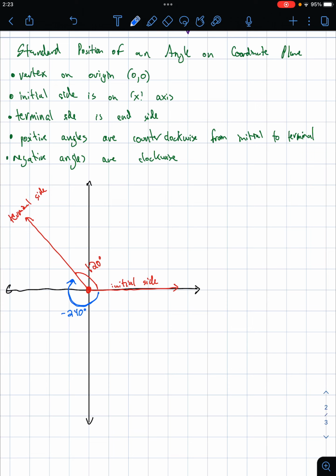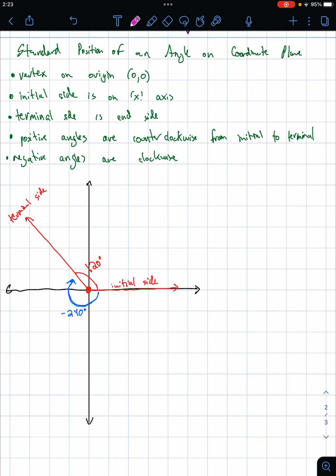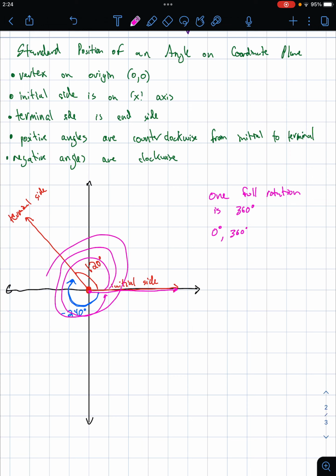And even beyond this, we can come up with more numbers of degrees that land in the same place. If I think about one full rotation, that would be 360 degrees. If I do a 360 degree rotation and build my terminal side here, I would have 360 degrees. But note that's the same as 0 degrees, the same angle. Or if I did 2 full rotations, that would land me on the same point.